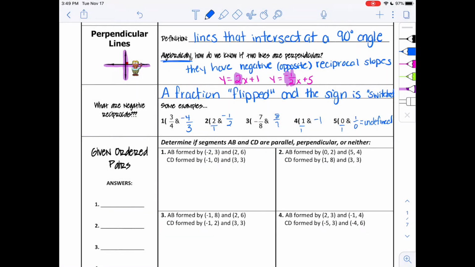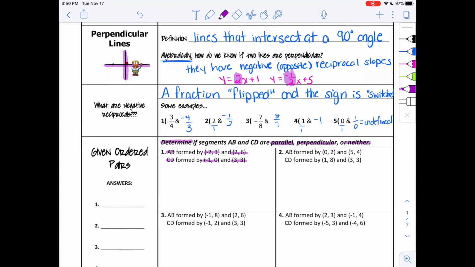Let's take a look at some examples of just determining if the lines are parallel, perpendicular, or neither. So when I take a look at number 1, I'm given the line AB goes through these 2 points, and line CD goes through these 2 points.